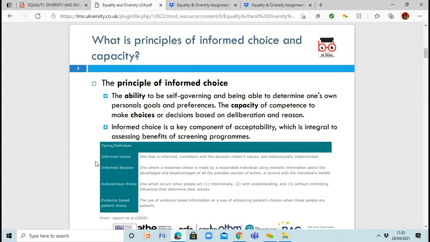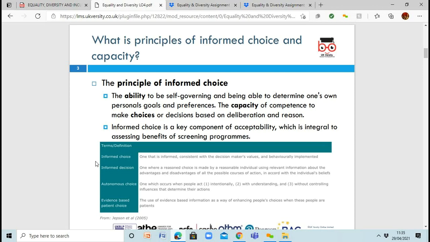Informed decision is where a choice is made by a reasonable individual using the information that they've been given. They can look at the advantages and disadvantages and act in accordance to that. Autonomous choice is when people will act intentionally, they'll act with understanding, and they'll act without anybody controlling them.